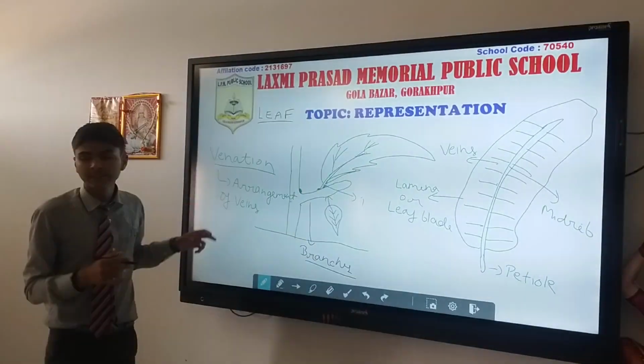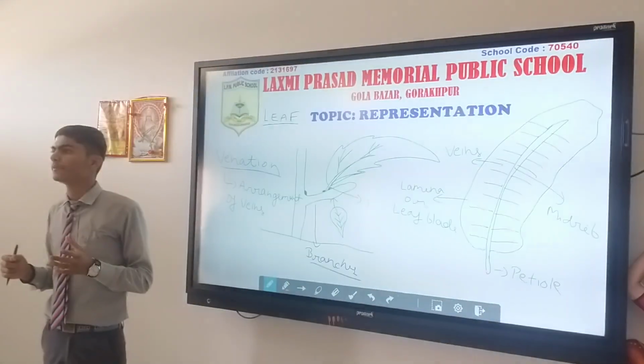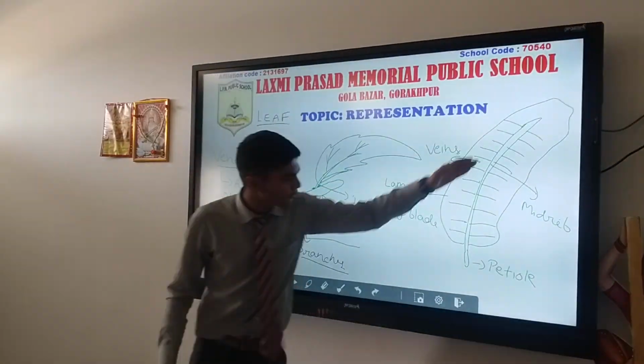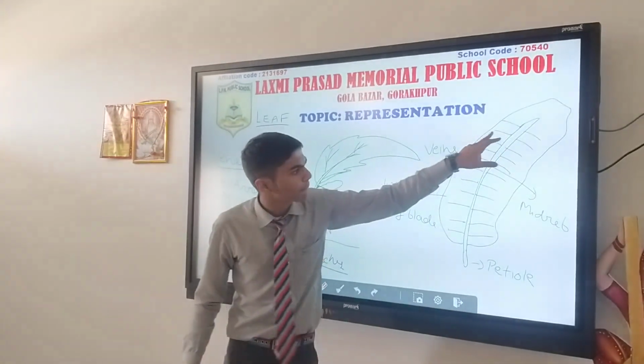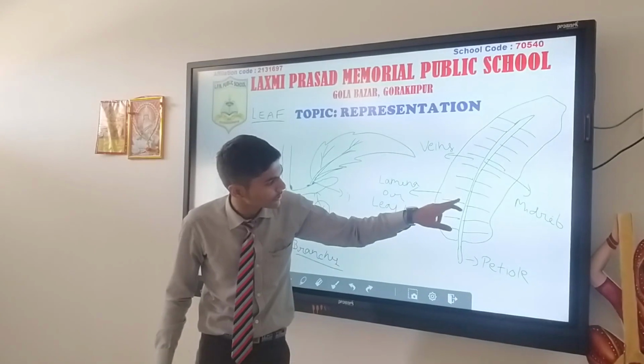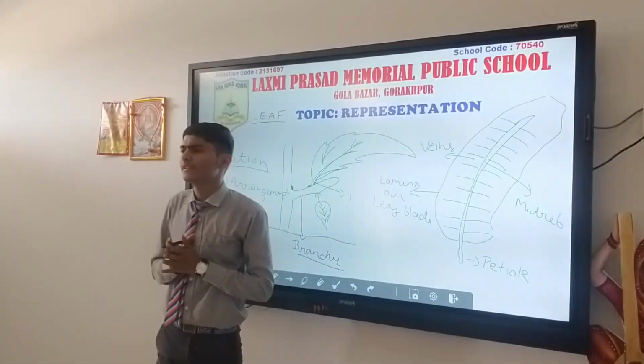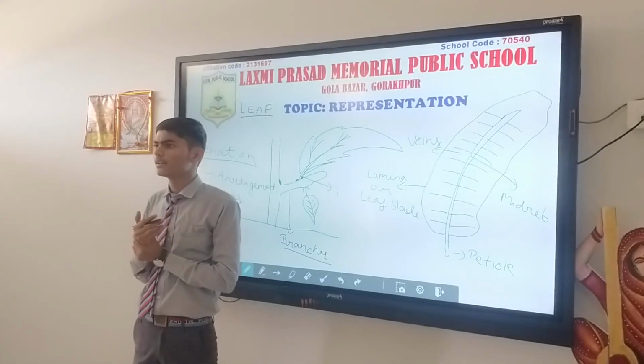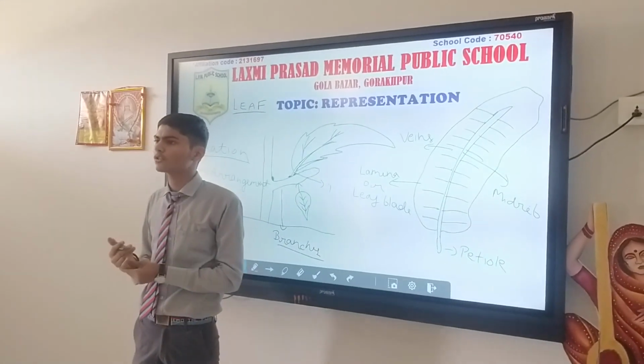So basically it consists of two types: reticulate venation and parallel venation. This is an example of parallel venation, where veins run parallel to each other. Parallel venation is found in monocotyledons. Monocotyledons are seeds which bear a single cotyledon.